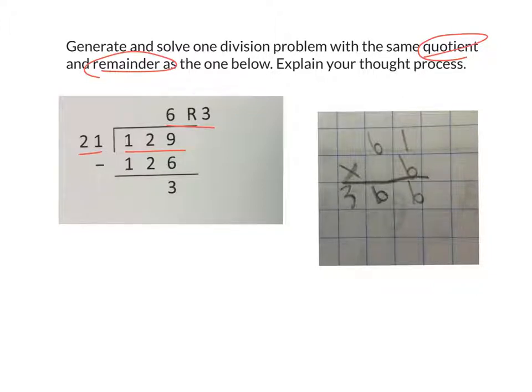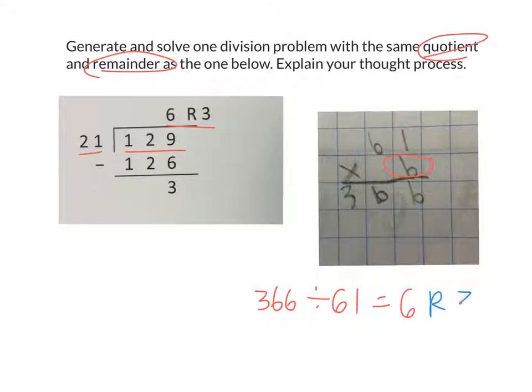So Akil said, you know what? If I have to have my quotient be 6, he did 61 times 6 equals 366. Okay? So that means if I do 366 divided by 61, what would my quotient be? 6. Is that what I want? It's close to what I want. I want 6 remainder 3.